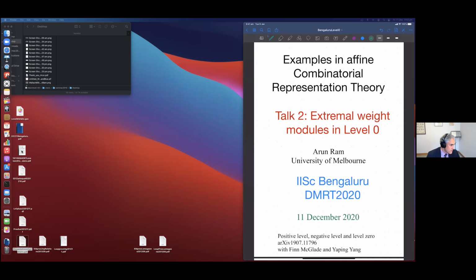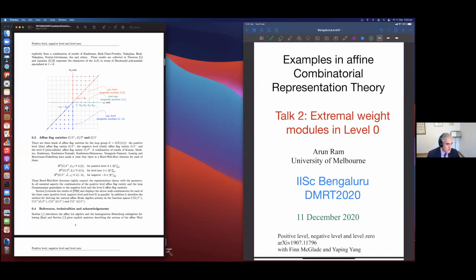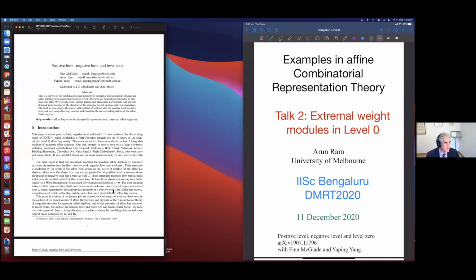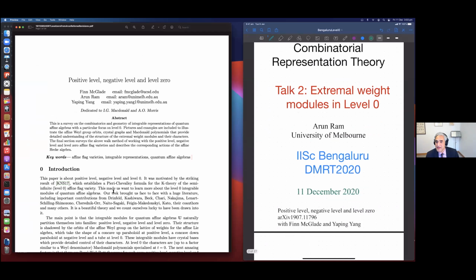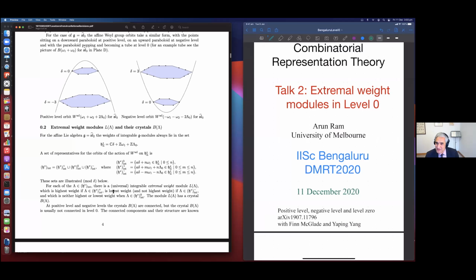So we have actually a survey paper on this subject with Finn and Yaping. This is the paper, which I have put the reference here at the bottom. And if for no other reason, maybe you would like to show it to your children to look at the pictures, because we are very, very proud of the pictures which we have made in this paper to try to illustrate these modules.